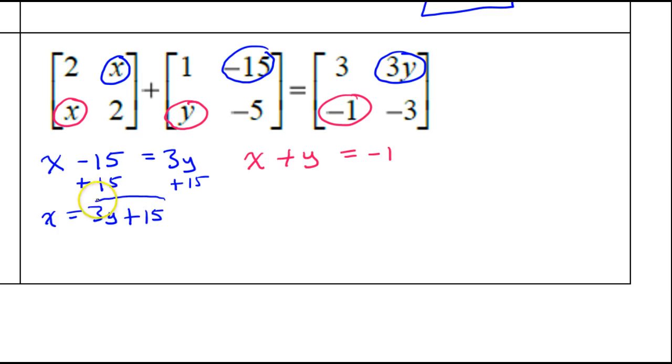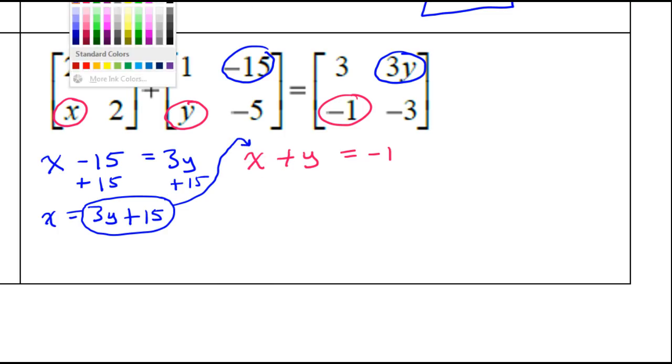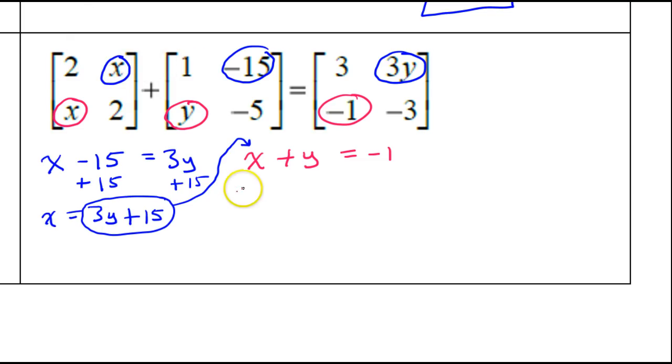So now that I know that x is equal to 3y plus 15, I should be able to take it and substitute it into the other equation. So that's going to give me 3y plus 15. Okay, that's x. And then I'll have the rest of the equation. So plus y is equal to negative 1.